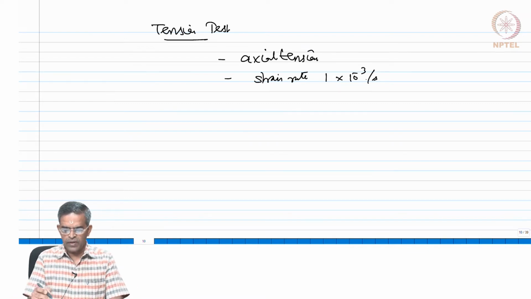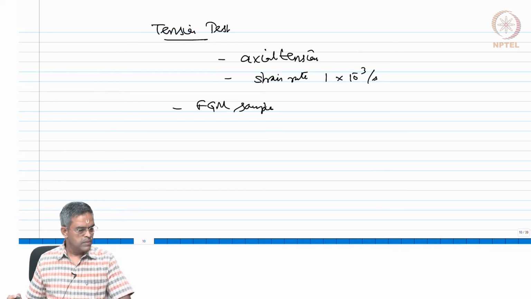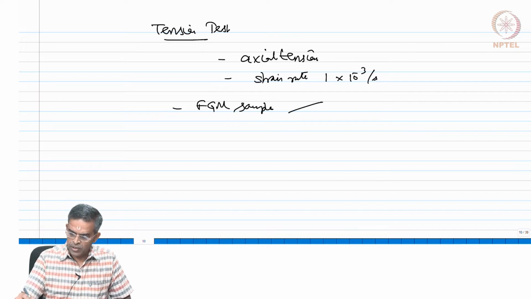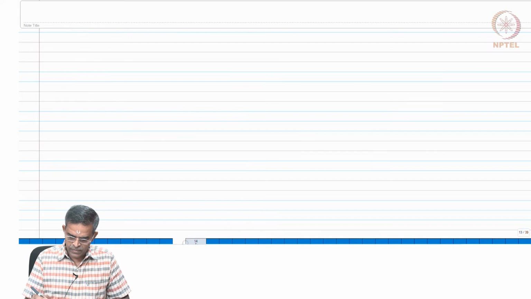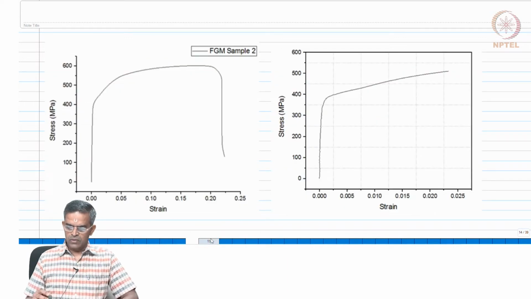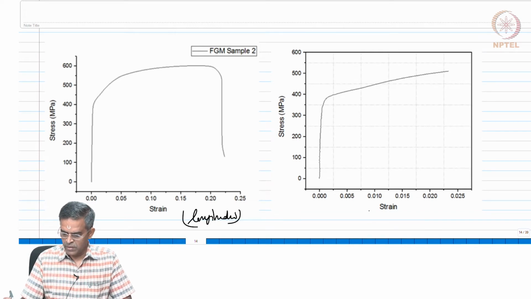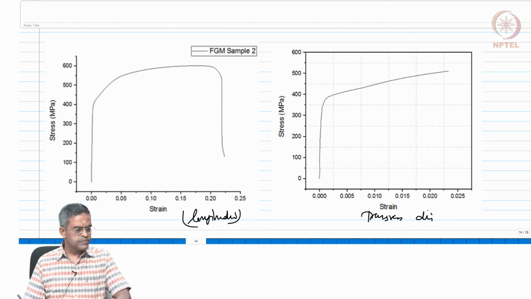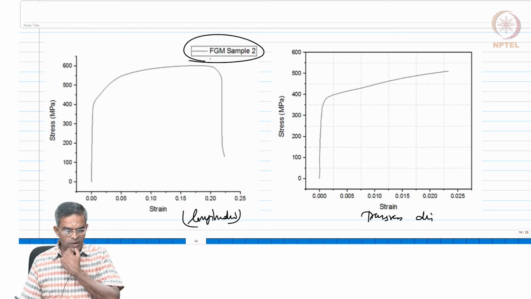The stress strain curve of the FGM sample along both directions, longitudinal and transverse, can be seen here. So, this is longitudinal and this is transverse. Of sample 2; there were many samples tested, this is one of them.